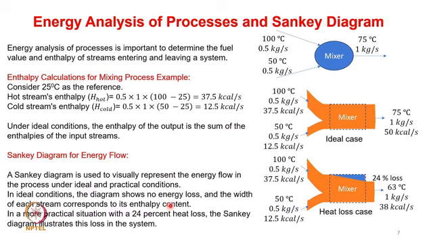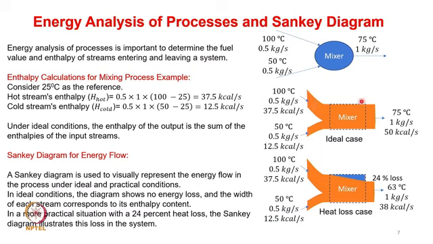In the ideal condition, the diagram shows no energy loss, with the width of each stream corresponding to the enthalpy content. So what is the approximate enthalpy content? You see that this is 12.5 and this is almost 3 times higher than that, so this width is 3 times that.